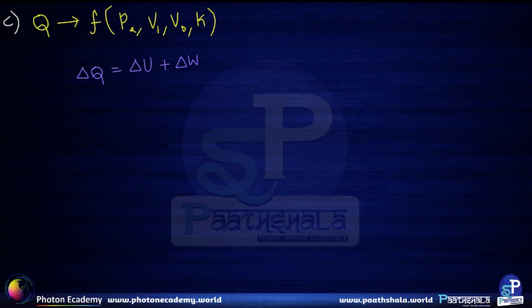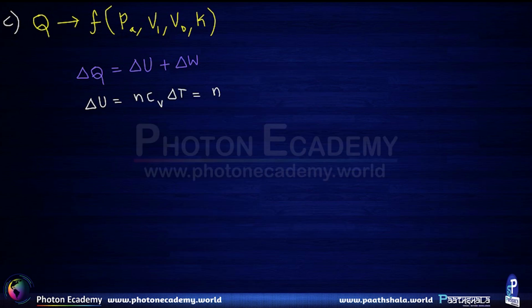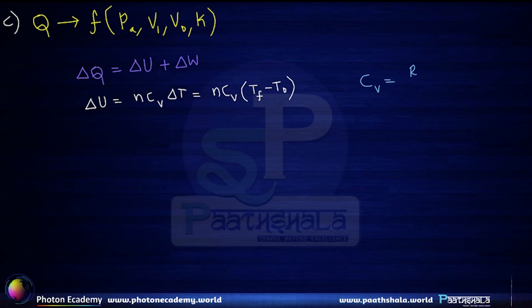The change in internal energy of the gas delta U will be equal to nCv delta T, which is equal to nCv (Tf minus T naught). It is given the gas is an ideal gas. So for an ideal gas, the value of specific heat Cv will be equal to R by gamma minus 1.